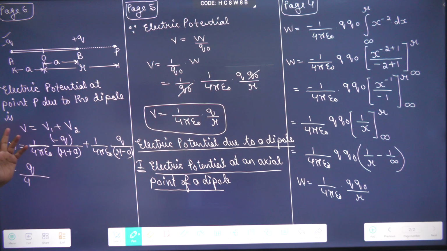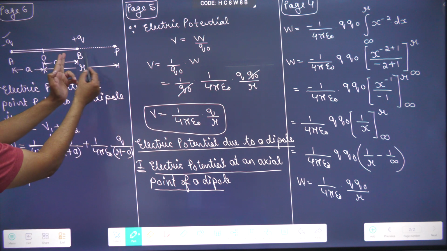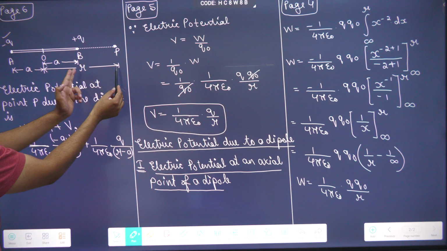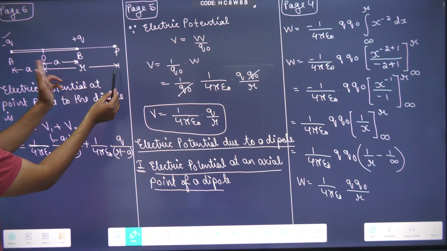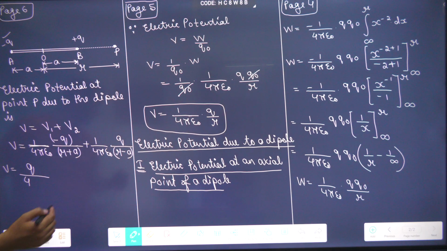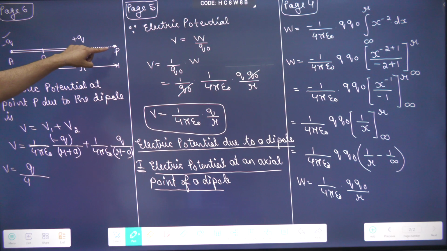Next, electric potential V2, due to charge plus q: 1 upon 4 pi epsilon naught, charge is plus q upon distance between plus q and P. This is r minus a. And we are going to add up these two potentials. So the total potential due to this dipole at point P will come. Understand?